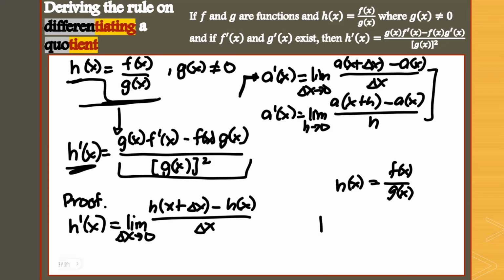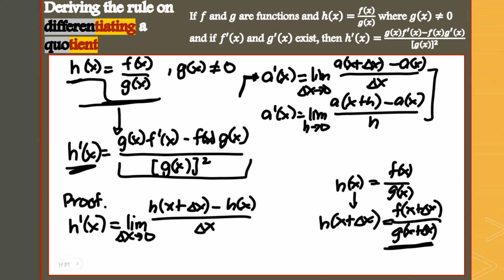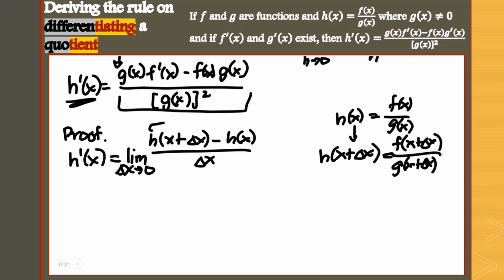In short, for h of x plus delta x, this must be the ratio of f of x plus delta x over g of x plus delta x, where this is now not equal to 0 as well. We are going to use this because we will have to substitute these forms here and here so that we can operate it further. So please bear with me.